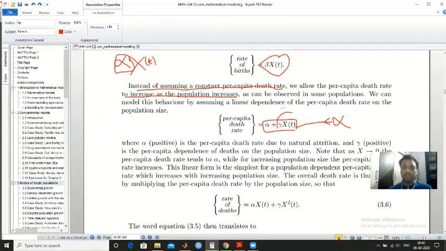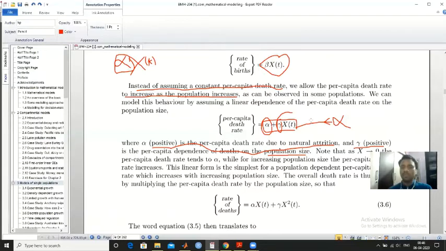The death rate is increasing. Here alpha is the per capita death rate due to natural attrition. We divide this factor into two parts. One is alpha, the natural death rate, and gamma is the dependency of death on the population size. So alpha is the natural death rate, and gamma is due to the size of the population.